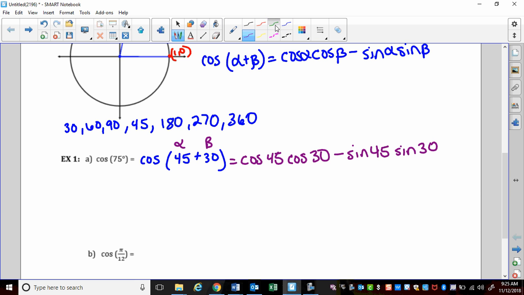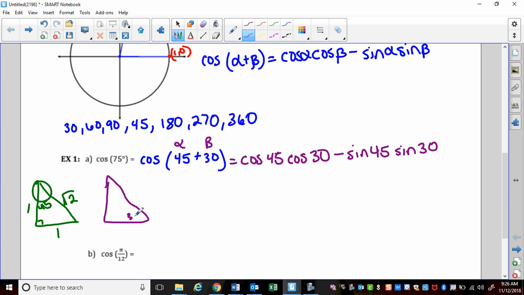Now I need to know these two triangles. I'm going to draw them for you so we can plug them in. I know that this is a 45, 45, 90, and I'm going to circle this one. My opposite is 1, 1, square root of 2. And then I have to also know the 30, 60, 90 for 30 degrees.